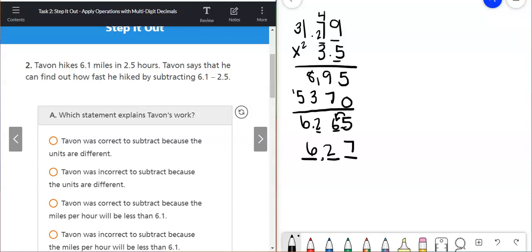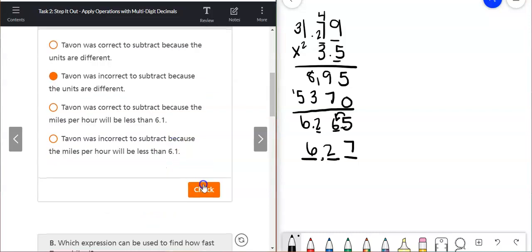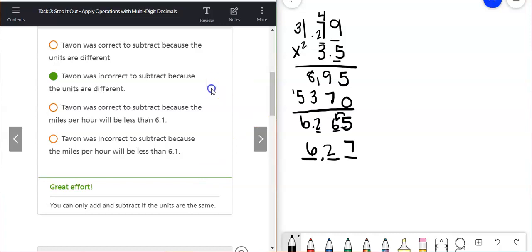So I know that he wasn't correct because you won't be subtracting. So we know he's incorrect. So it goes down to this one and this one. And so it's this one right here.